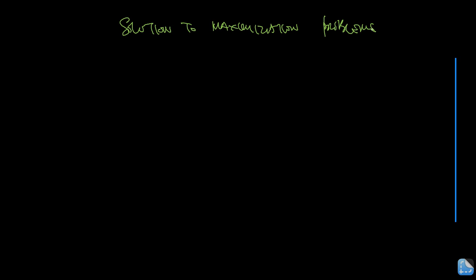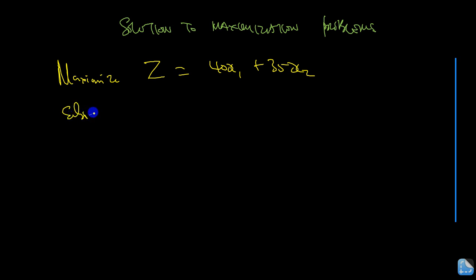Now, let's say you have been given an example. Let's say I've been told to maximize, as an example, z is equal to 40x1 plus 35x2 subject to 2x1 plus 3x2 is less than or equal to 60.